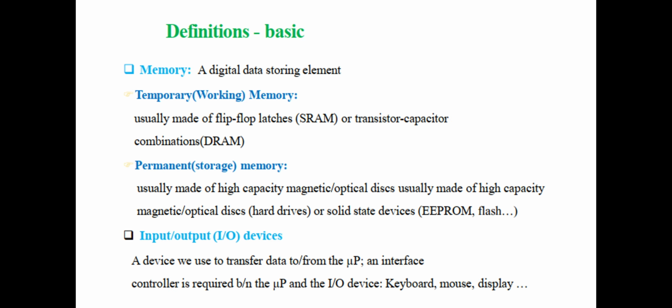Computer architecture and organization 4. Definitions. Memory: a digital data storage element. Temporary working memory is usually made of flip-flops, latches, SRAM, or transistor-capacitor combinations, DRAM. Permanent storage memory is usually made of high-capacity magnetic or optical disks, hard drives, or solid-state devices, EEPROM, flash.